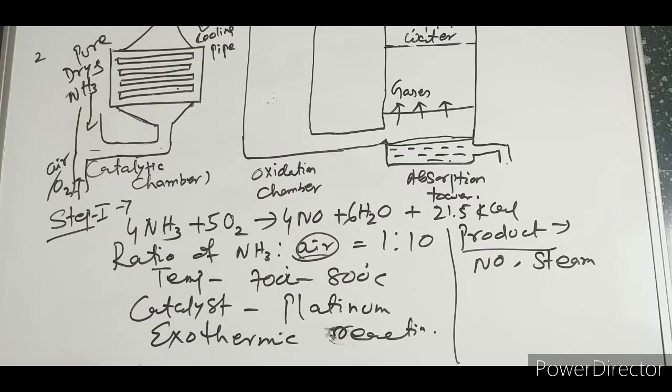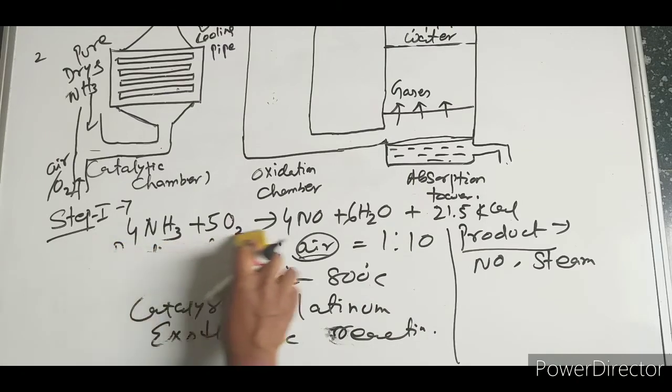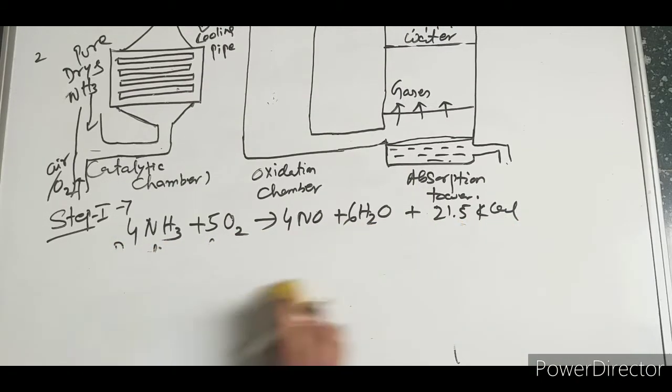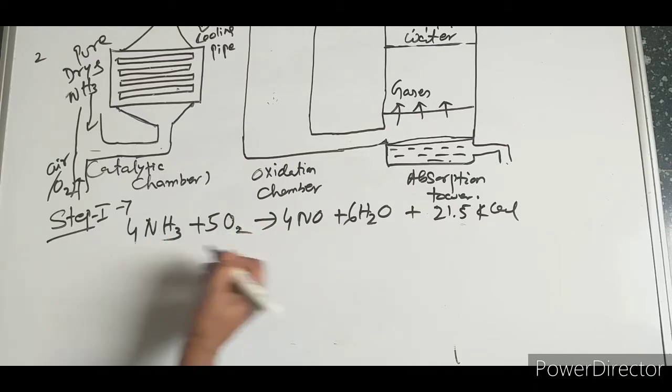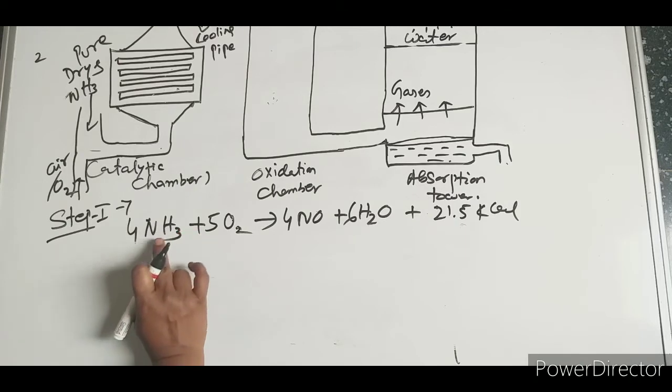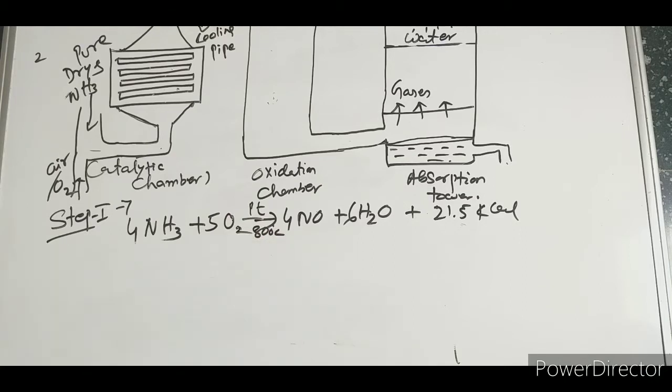Let me proceed. So here we are getting the product NO and steam. Whenever we are discussing this oxidation of ammonia, here it should be platinum at 800 degrees Celsius.